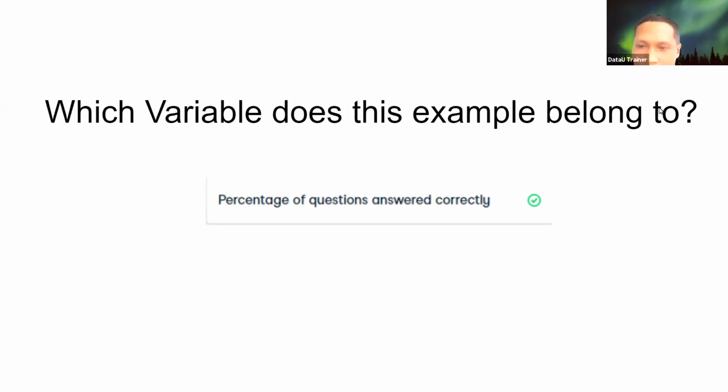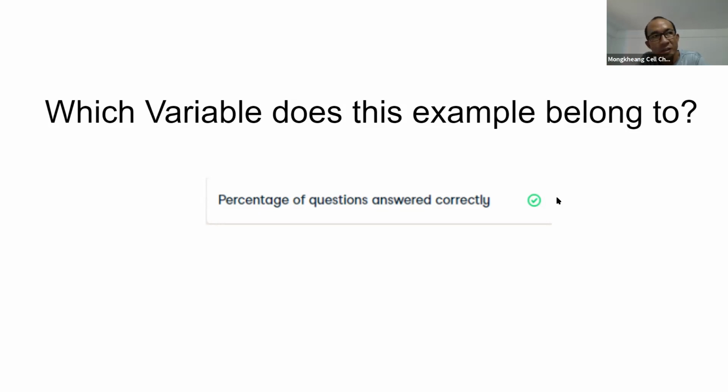Okay, why do you say continuous? It's numbers, yes, but why can't it be categorical? Maybe I am wrong, but it's a percentage.